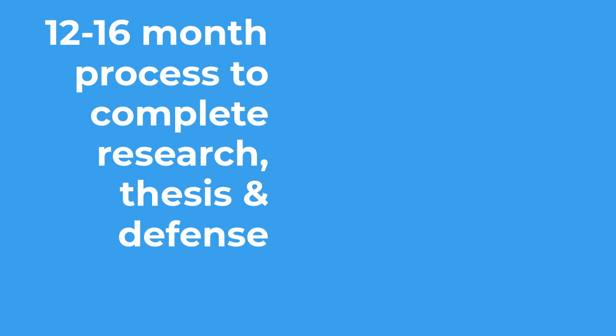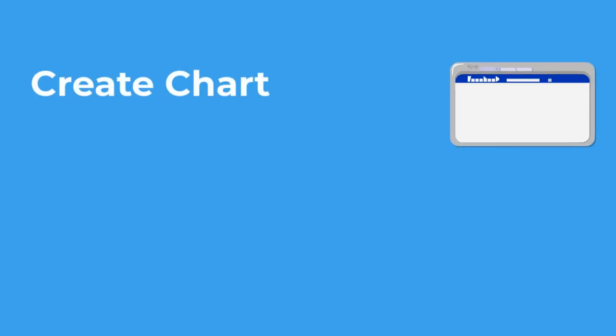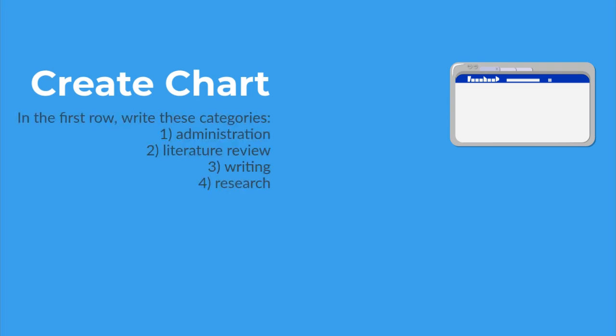or dissertation. Begin the organizing and scheduling process by creating a chart that includes several categories. In the first row of your chart, write these categories: administration, literature review, writing, and research.